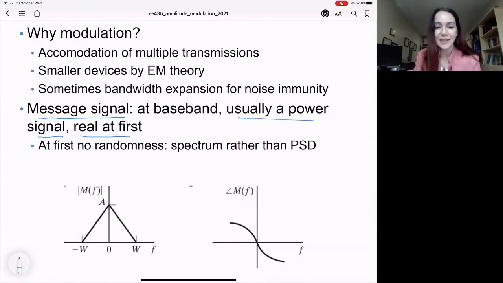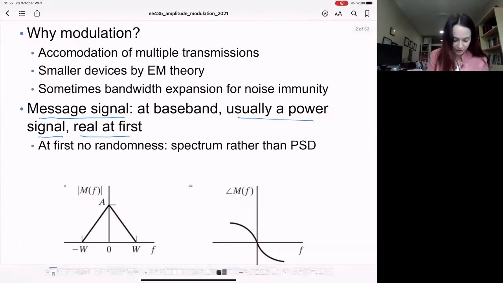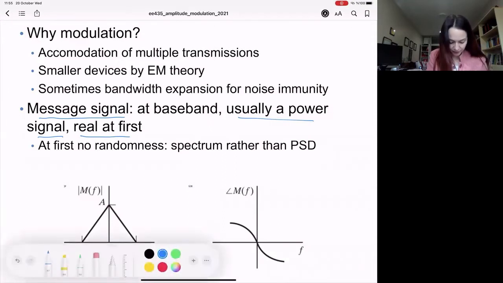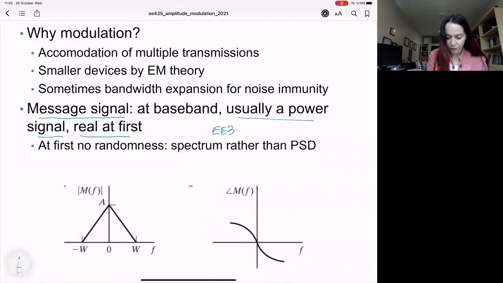And in fact, later on in the course, we will think of our message signal as a stochastic process. And in fact, that is why you took the course EE 306 in our curriculum, which is called stochastic signal processing. That is the whole reason you took that course, because we will be dealing with stochastic signals in this course.